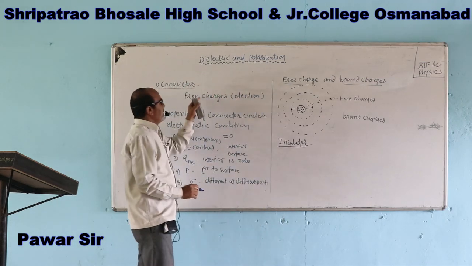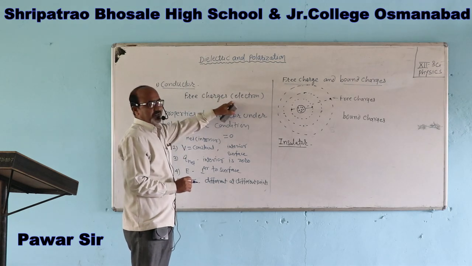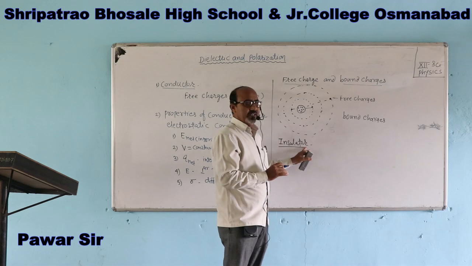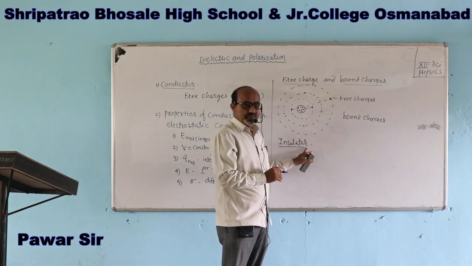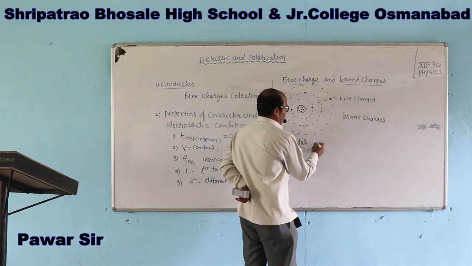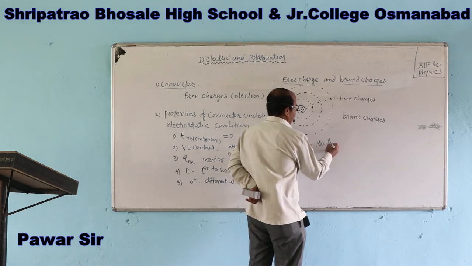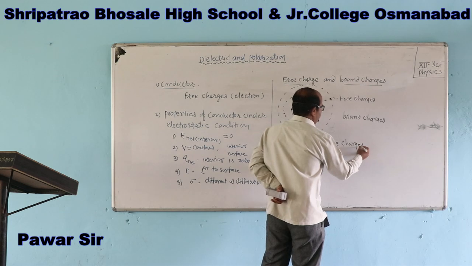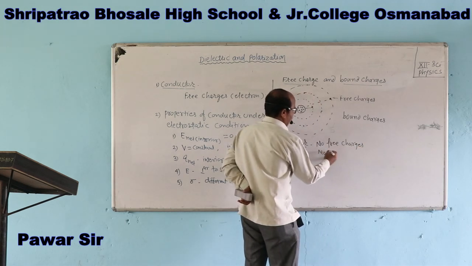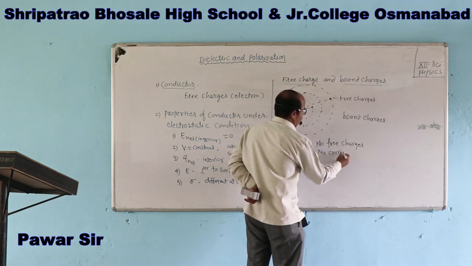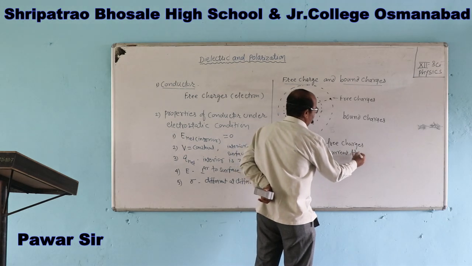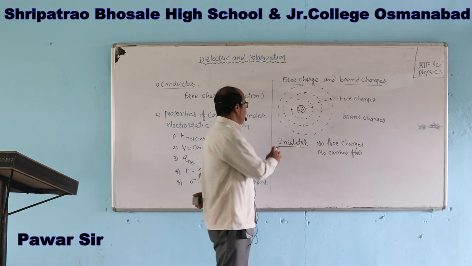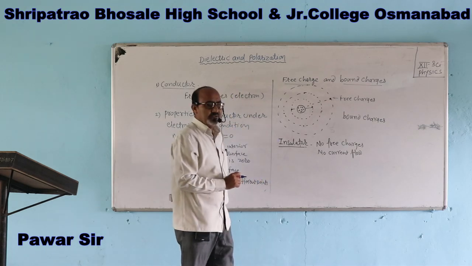A conductor contains a large number of free charges or electrons, but in an insulator all electrons are tightly bound to the nucleus, meaning there are no free charges, so no current flows through them. Its electrical conductivity is very low. Such materials are called insulators.